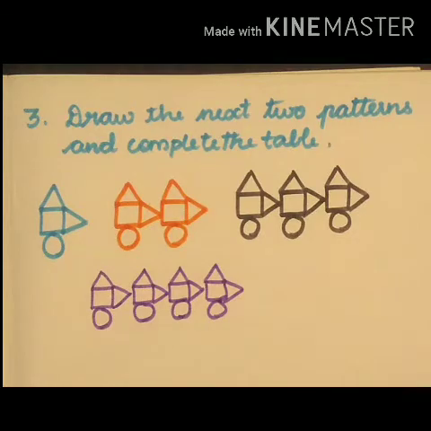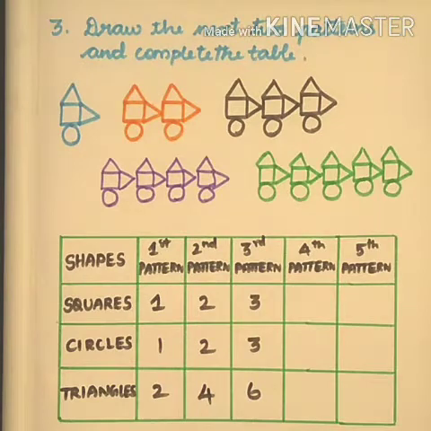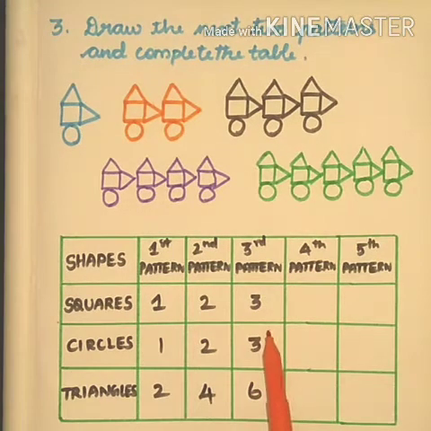What's the next pattern? It contains 5 squares, 5 circles and 10 triangles. Now we are going to complete the table. Here already 3 patterns are given.